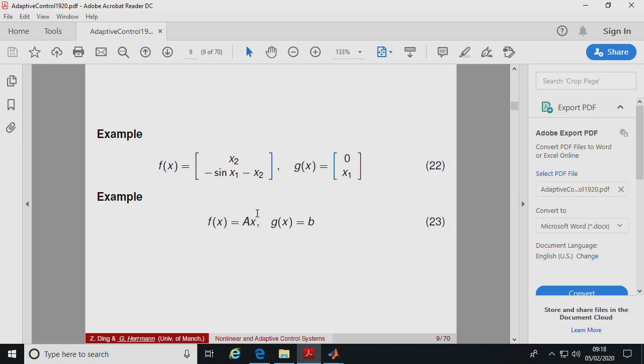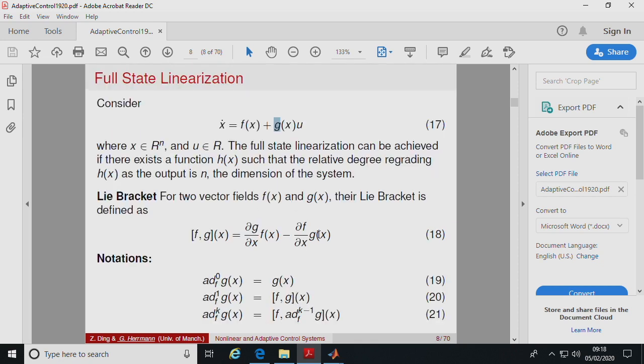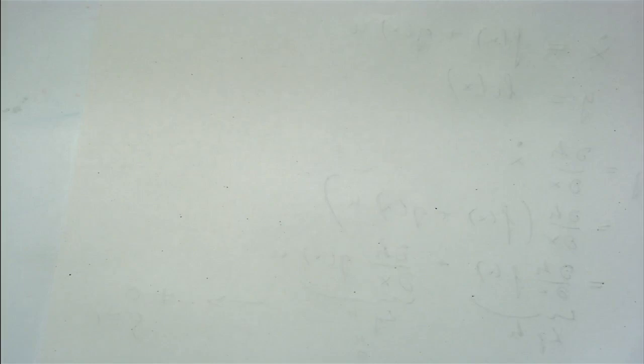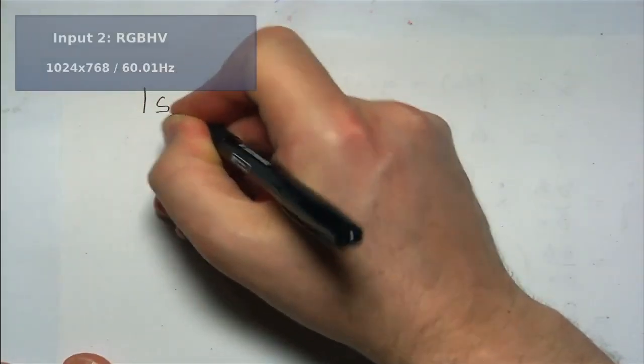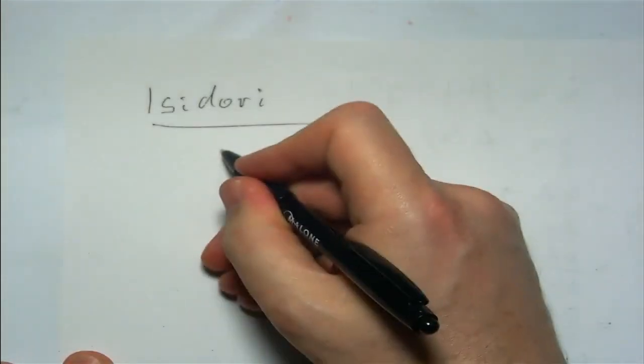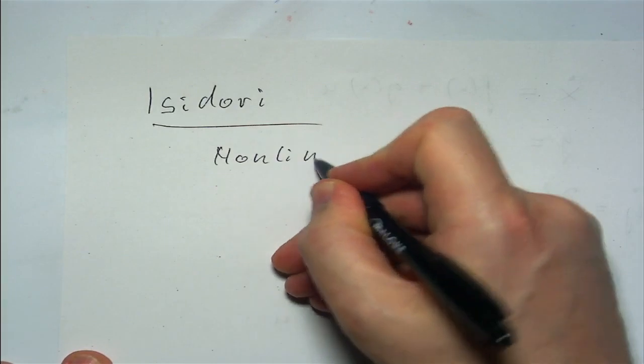And this is an analysis method which was developed by, or well, it's really very excellent research by a gentleman called Isidori. I think it must actually have been all his students and co-workers. Isidori also wrote a book on nonlinear systems.